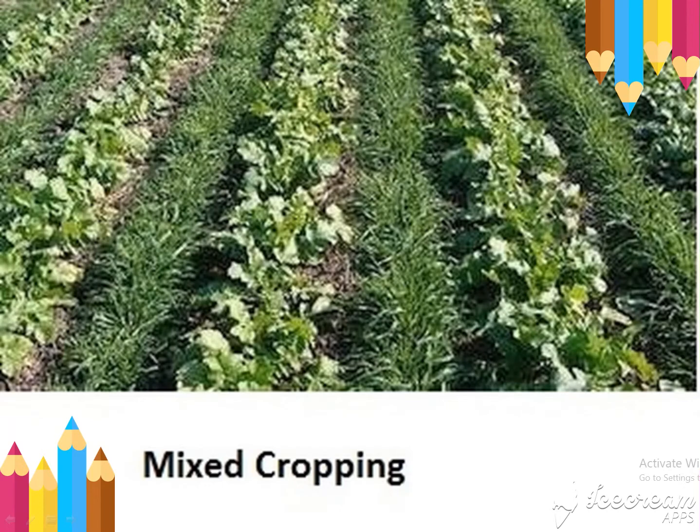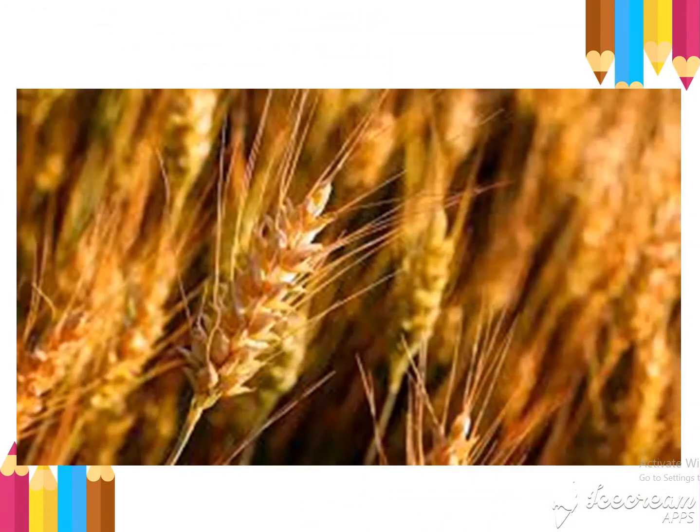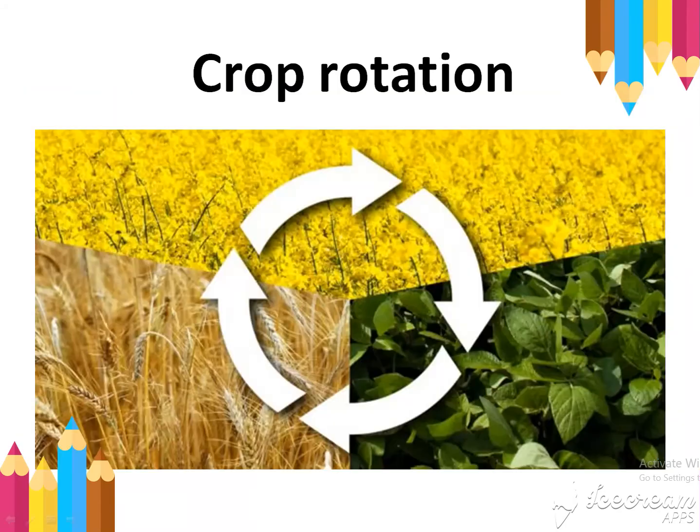So here one crop will be wheat or paddy, and the other will be a leguminous plant, because leguminous plants absorb the atmospheric nitrogen and fix it in the soil, so that the other plant can use that nitrogen and grow properly.